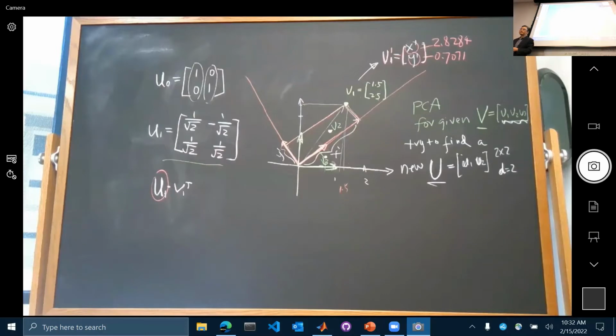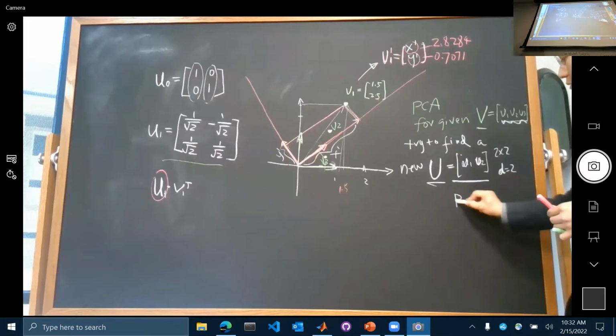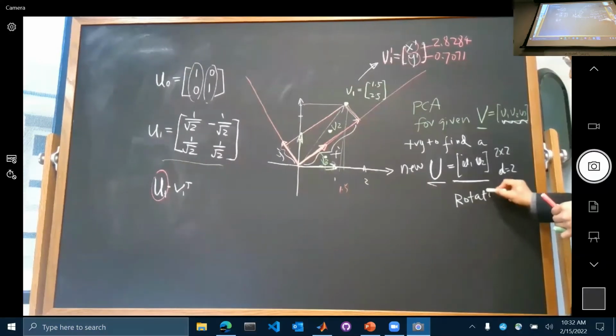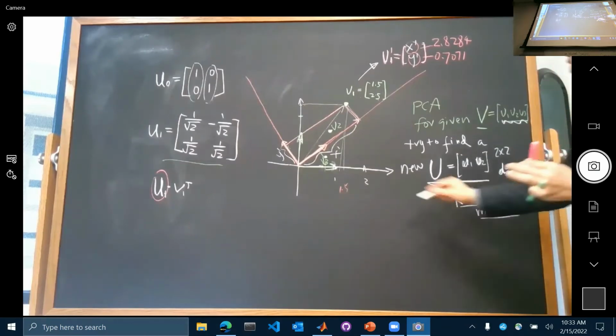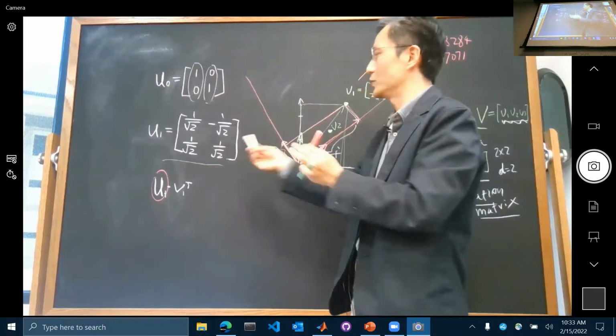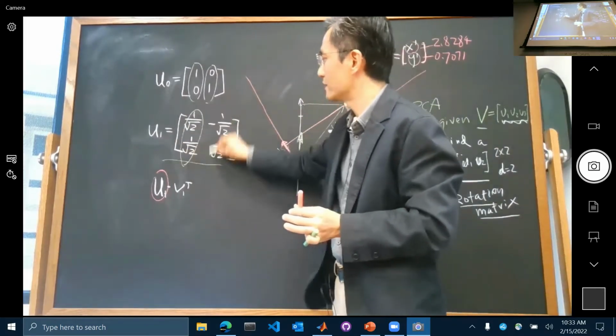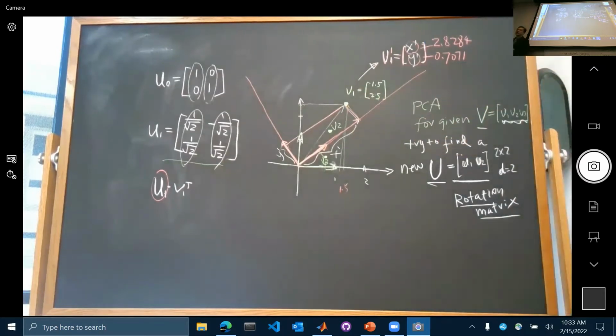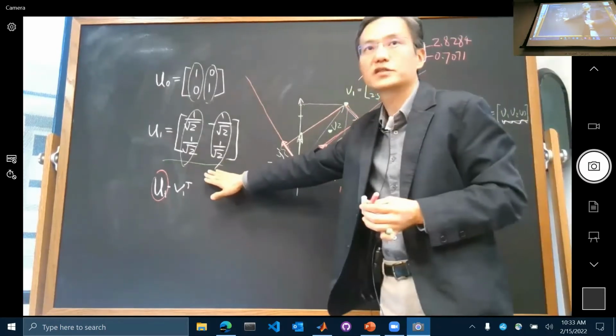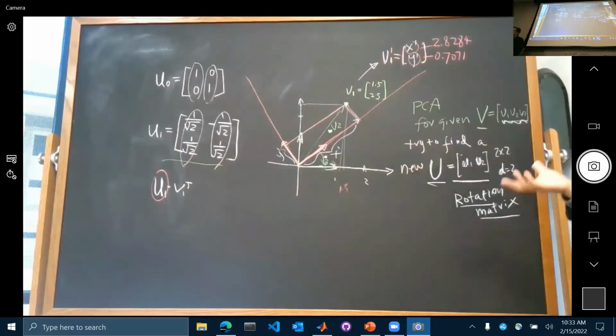So you said U was a 2x2 matrix, right? Yeah. Okay. So this is a rotation matrix. We will use the rotation matrix as a new coordinate system because it is defined in a particular way that makes sure these vectors are orthogonal to each other. So you can use this U matrix as a new coordinate system.